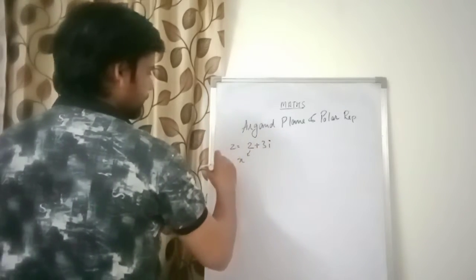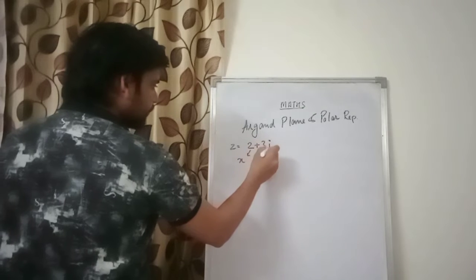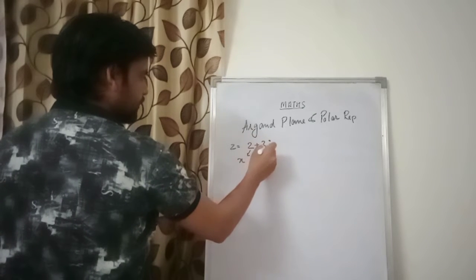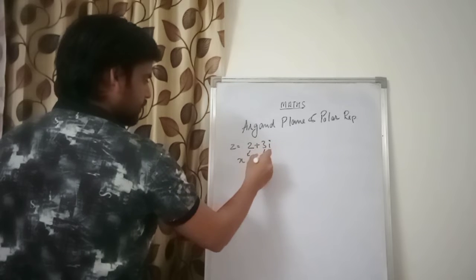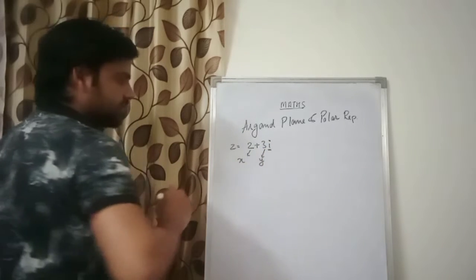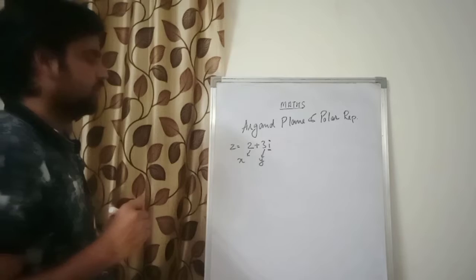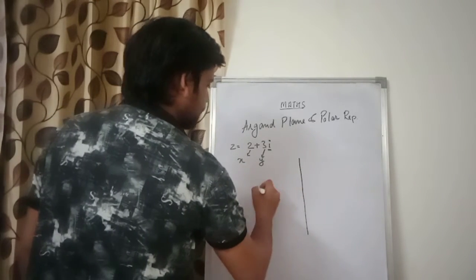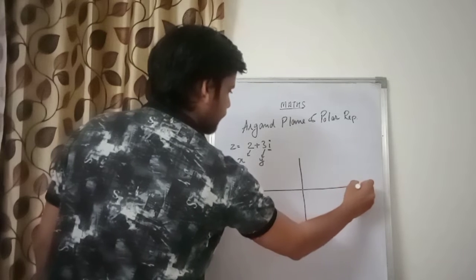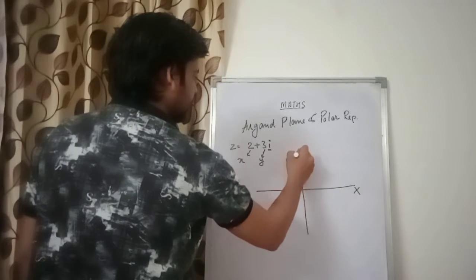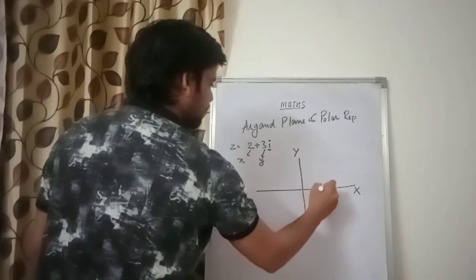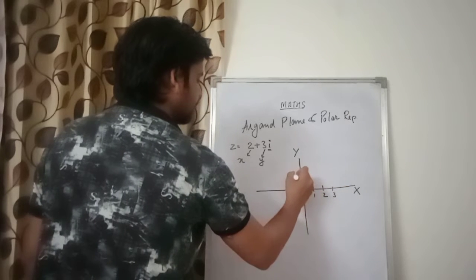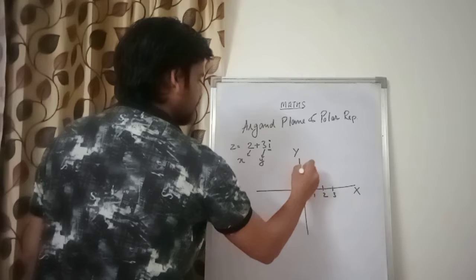On the imaginary axis, since i is there, it means it is the imaginary part, so you have to see what number is present here. So this will be taken as the y coordinate. So if I draw a complex plane or Argand plane, x, y, 1, 2, 3, i, 2i, 3i.